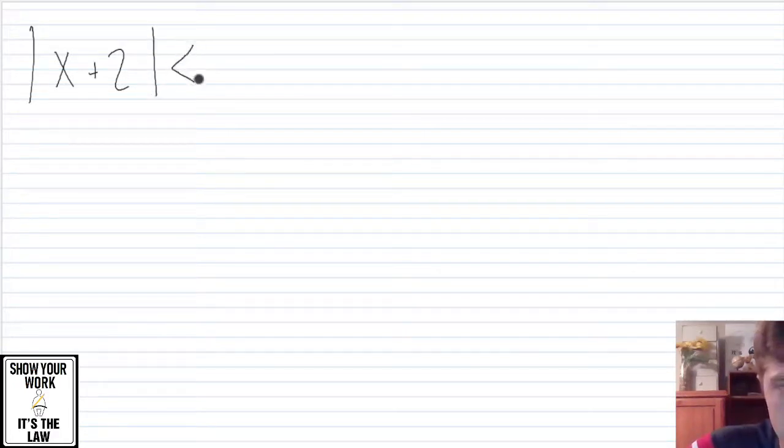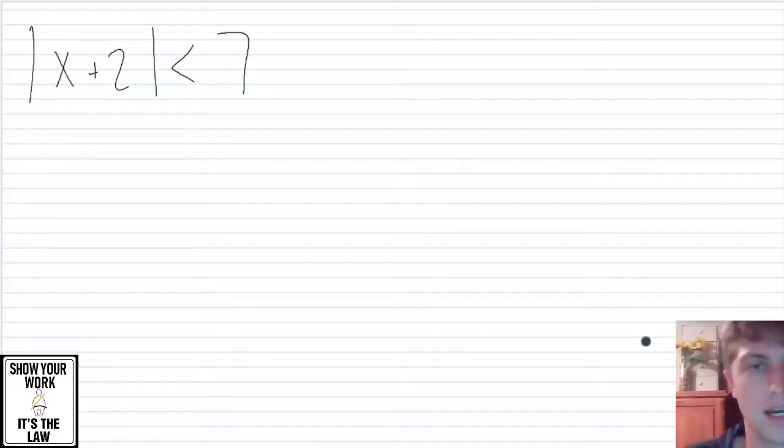Now, let's take a look at what our rule looks like with inequalities. So let's do the absolute value of x plus 2 is less than 7. Just like before, we're going to do parallel universes. Well, let me go ahead and do the other example first.